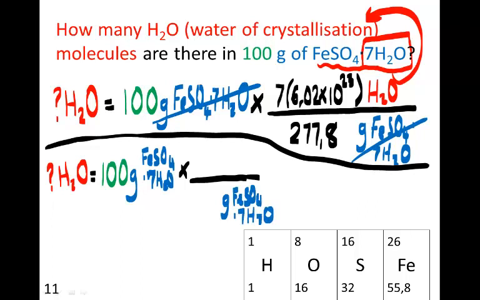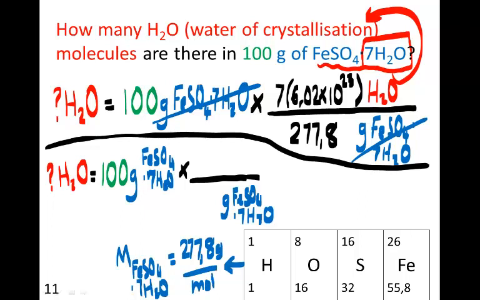So we can say, all right, we know from the periodic table that we have the molar mass of this iron sulfate, and as we've already seen, that is 277,8 grams per mole. Okay, so let's use that as our conversion factor.